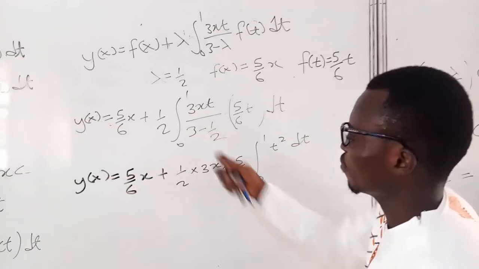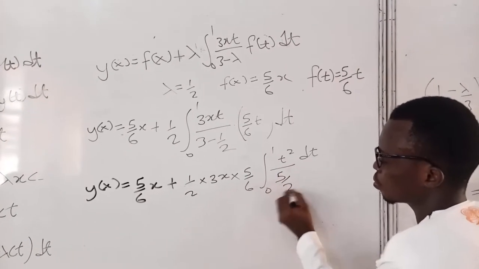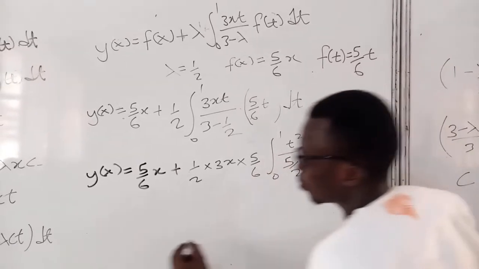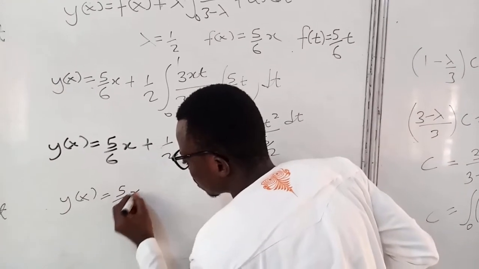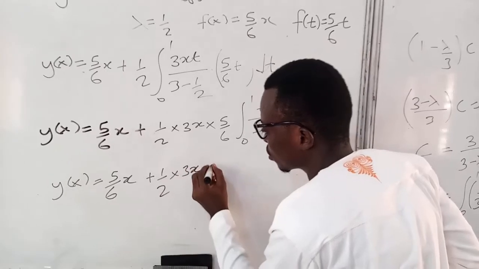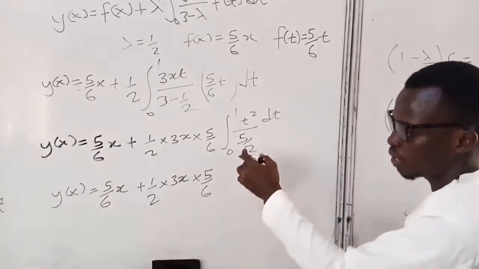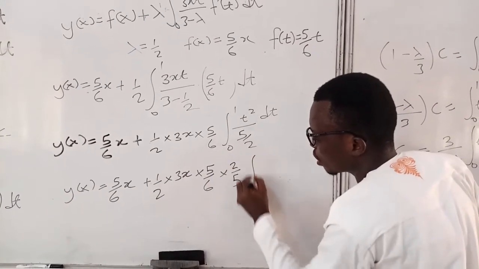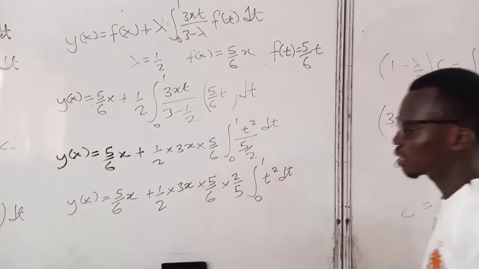So 3 minus half becomes 5 over 2. We can bring this to the outside. So y of s equals 5 over 6 s plus 1 over 2 times 3s times 5 over 6, then the reciprocal, interchange it, times 2 over 5, integral from 0 to 1 of t squared dt.